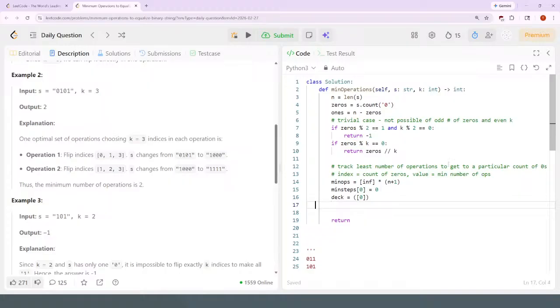Where the deque is, I'm on a count of zeros. Yeah. So let's go ahead and say the current number of operations, no, the current number of count is going to be deque.popleft.